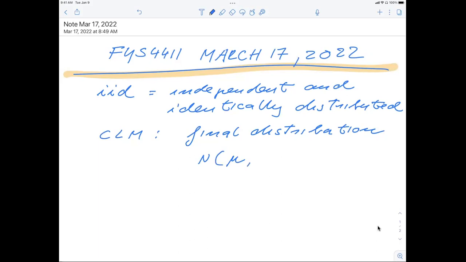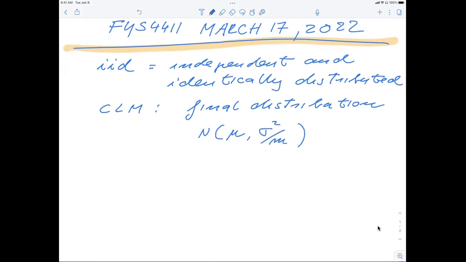And the variance is going to be given by sigma squared divided by the total number of experiments which we are running. So it means that we have performed n sets of experiments. Each single experiment has thus a mu, which is given by p of x. This is a probability for one single set of events.